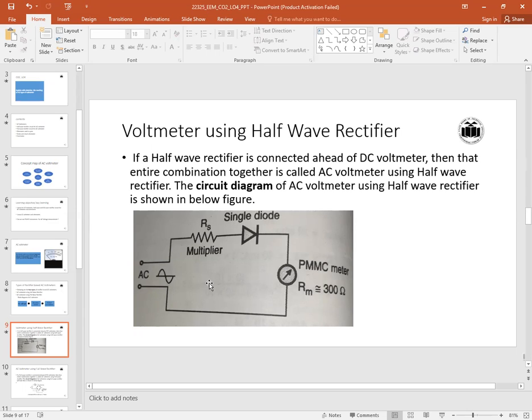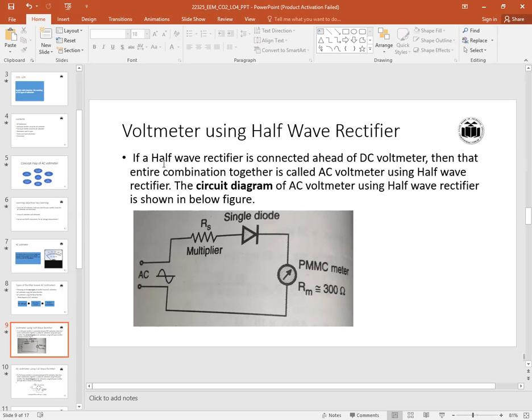In this half wave rectifier, it is connected ahead of the DC voltmeter. Then the entire combination together is called as the AC voltmeter using half wave rectifier. And this diagram will be like the half wave rectifier AC voltmeter.